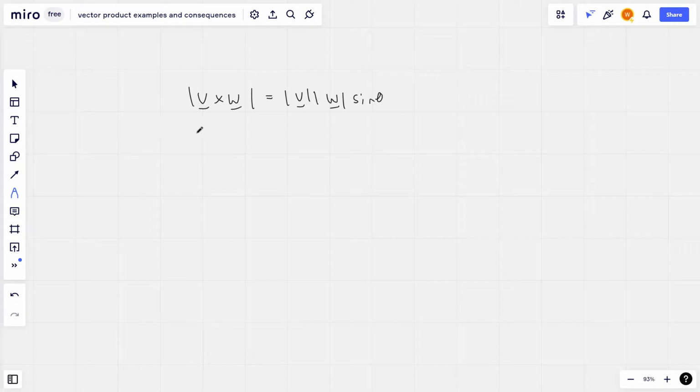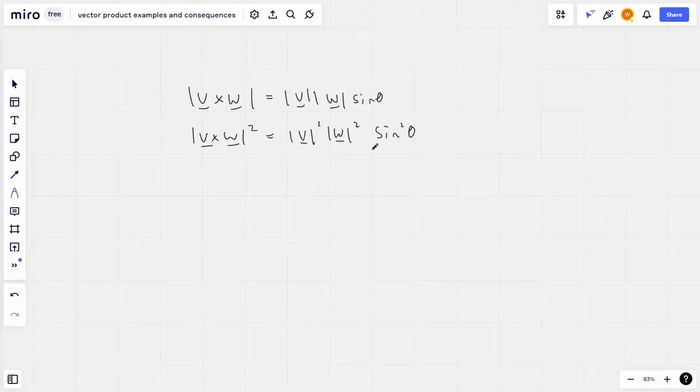Although I'm quickly going to say that, okay, this looks very, very similar to the dot product, because with the dot product we just had the sine theta replaced with cosine theta, so maybe we can link them together in some way. So if we square this, we get sine squared theta.